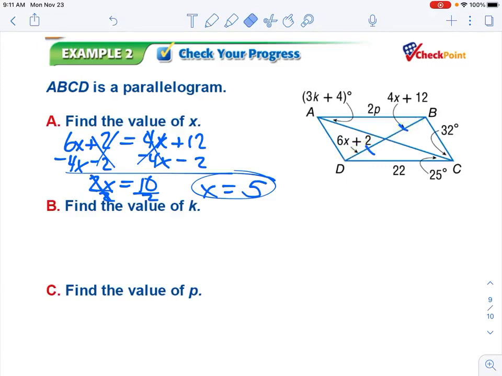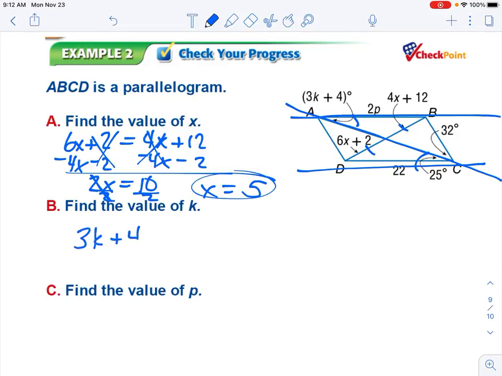Now if we want to find the value of K, once again, we want to look at the alternate interior angles. We have the parallel lines. We have this transversal diagonal coming in here. That means 3K plus 4 is congruent or equal to 25, so we can solve.